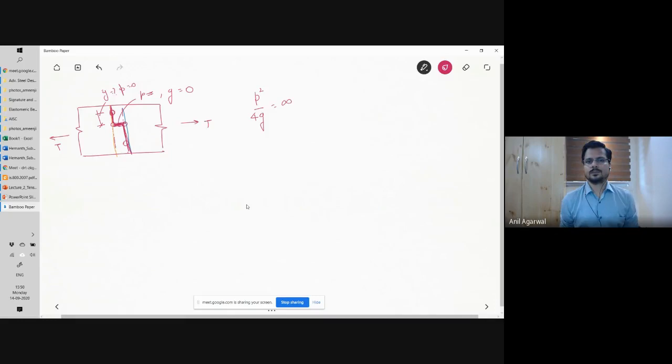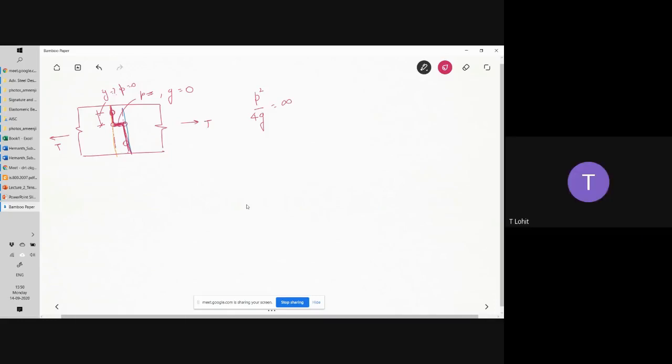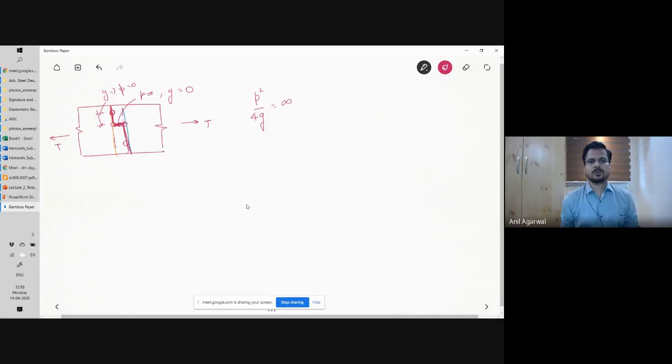You agree? Yes, sir. For this segment, that means I cannot use that formula of P square by 4G for such kind of segments, segments parallel to the load.